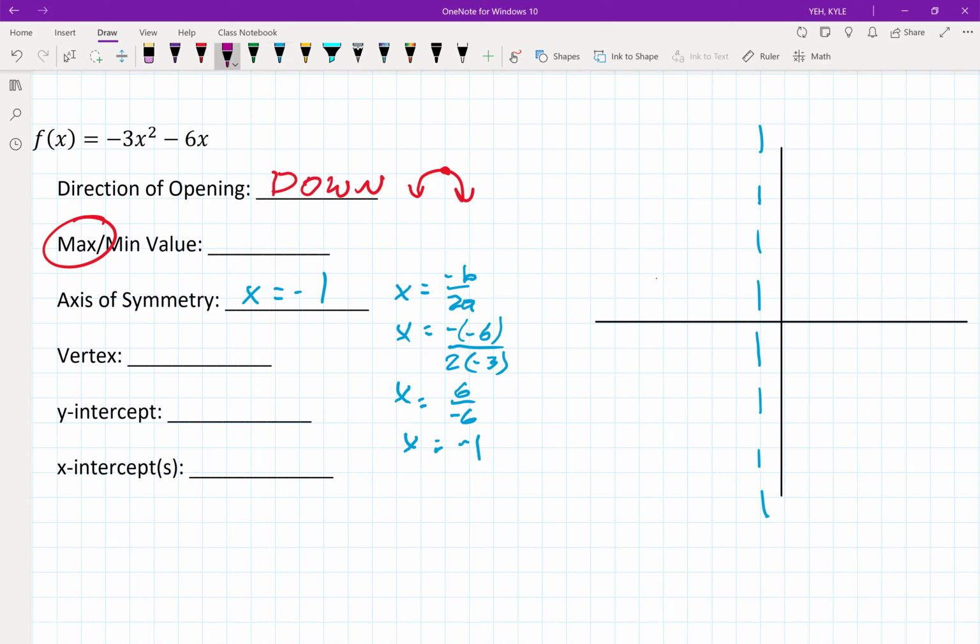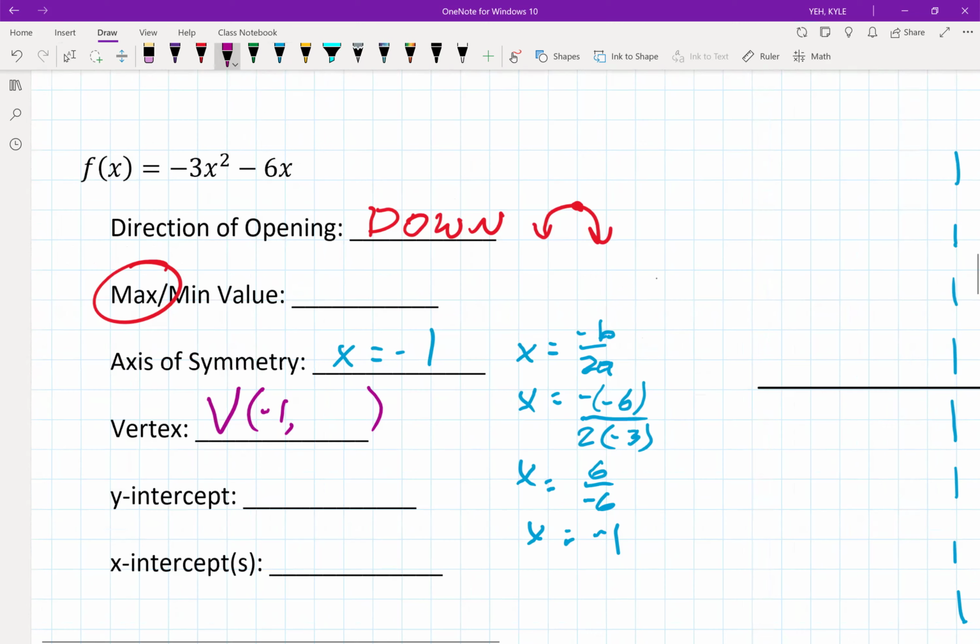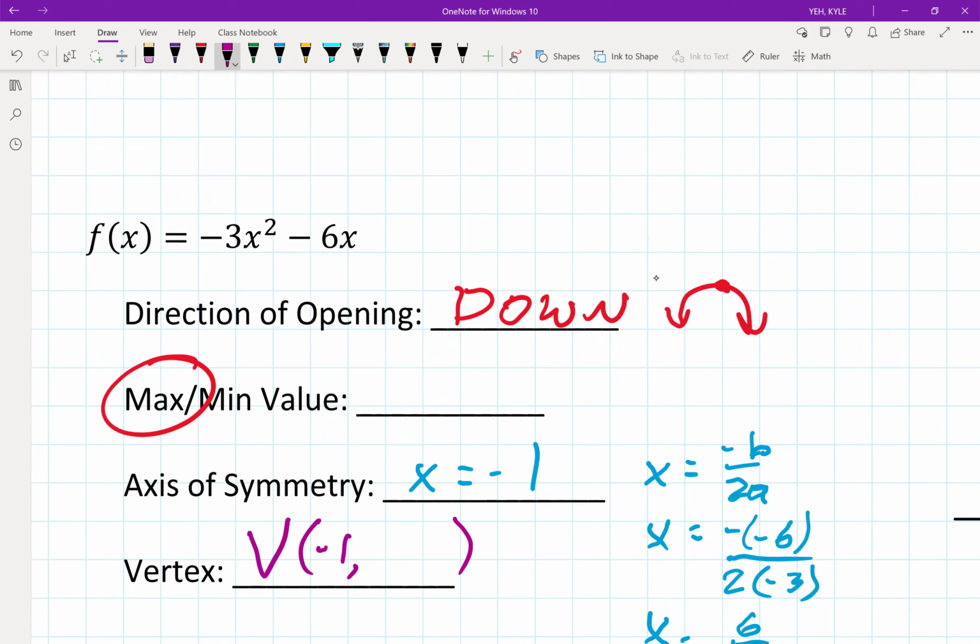Let's go ahead and find our vertex. I already know the x-coordinate because it's on the axis of symmetry. And now I just need to figure out what is my y-coordinate. And I'm going to do that by plugging it into the function. Now, I know that negatives can be a little tricky, so we just got to be careful. What is f of negative 1?